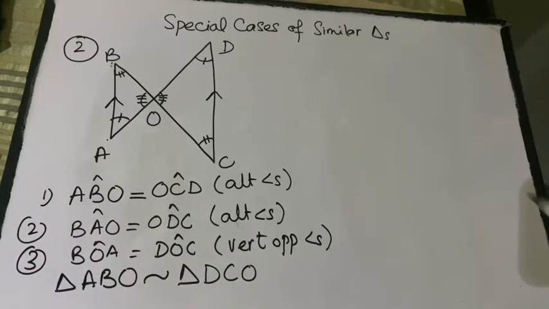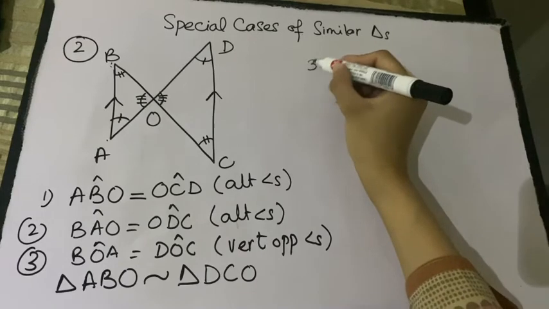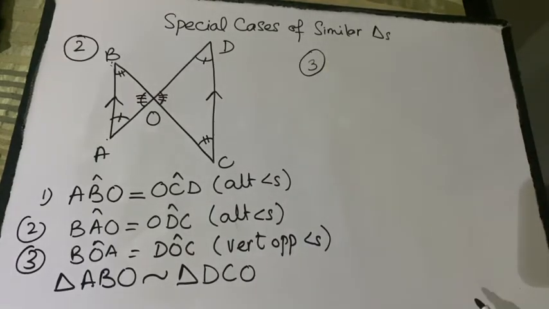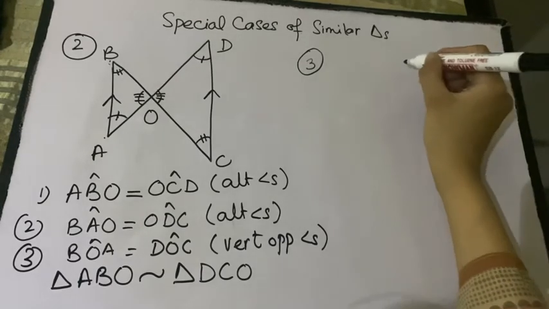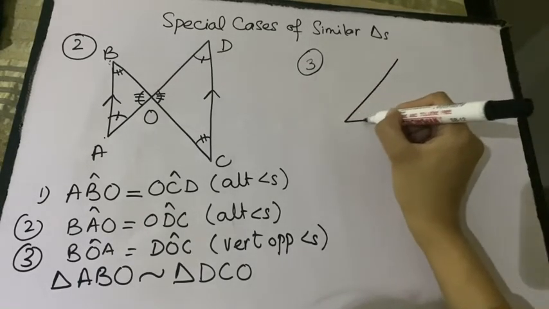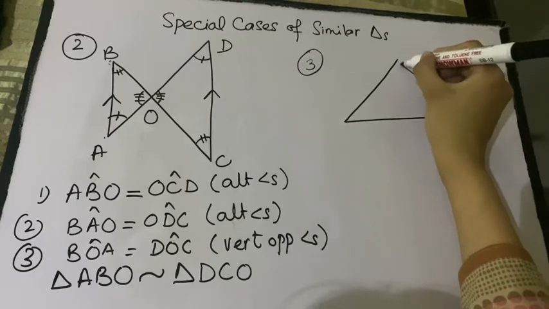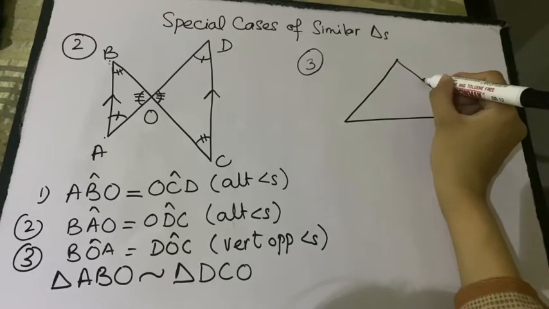Now I'm going to write the third special case. What is this third special case? In this third special case, triangles are formed like this.